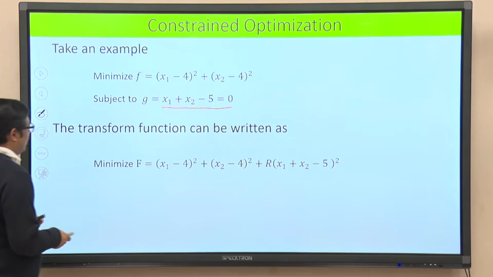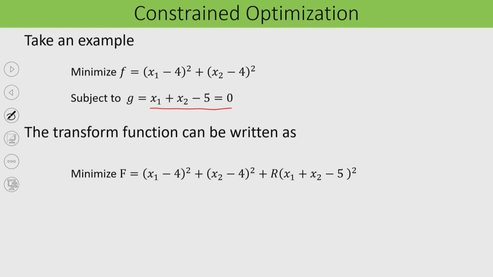I have written this function, capital F, which is a function of x and r. This is the objective function and this is your constraint. The parabolic function I have used is r into (x1 plus x2 minus 5) whole square.